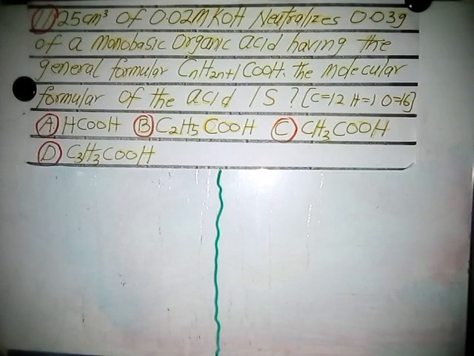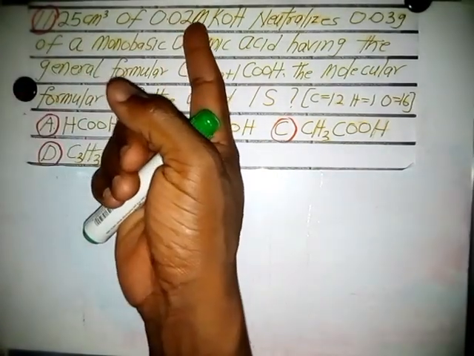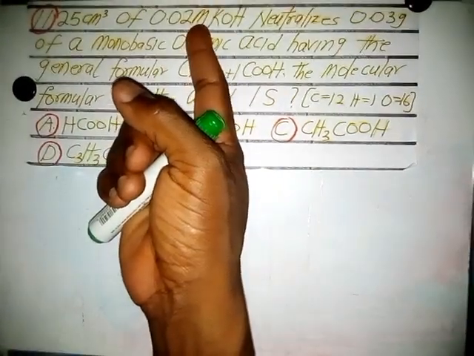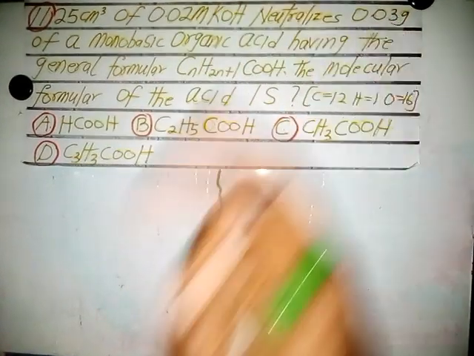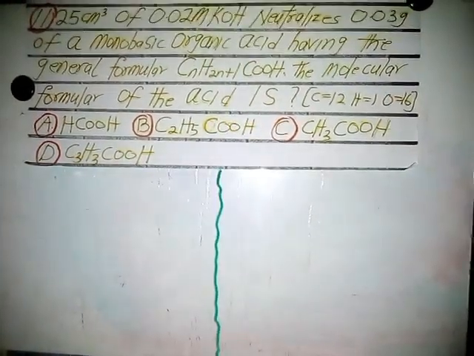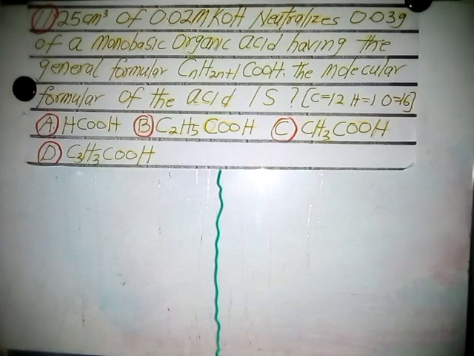That's what we are going to do. First of all, calculate the molecular mass. And there are formulas for it. We are given the volume, the molar concentration, and the mass, so we can calculate the molecular mass.